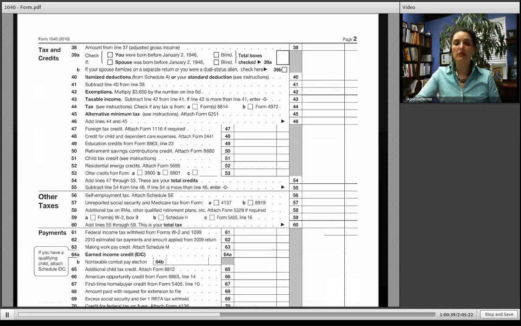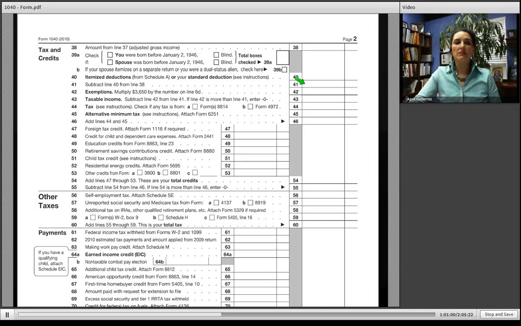As a general rule, no, but if your dependent files a joint return for the sole purpose of getting a refund, and there would be no tax on line 60 of the return, either on the joint return or the married filing separate returns of either of the individuals that are filing jointly, then you can still claim your child as a dependent.